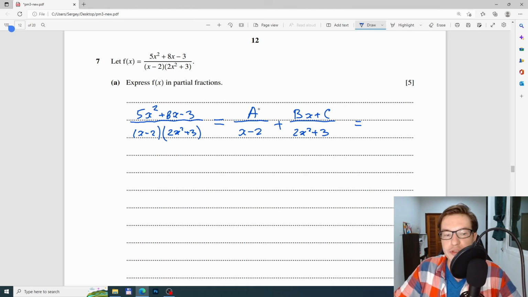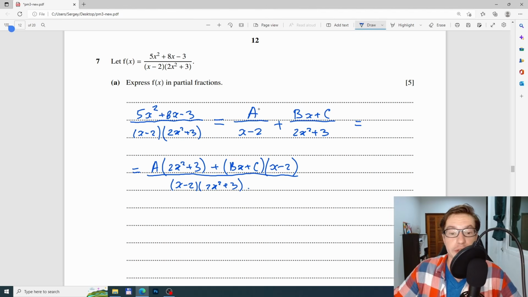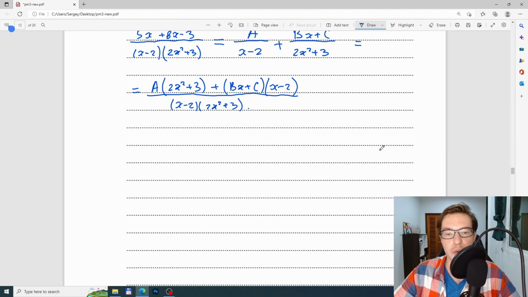Okay, so now we try to combine the two fractions back into a single one, and we'll get A times 2x squared plus 3 plus Bx plus C times x minus 2 over the denominator. Okay, so now at this step, we're just going to compare only the numerators of the two fractions.